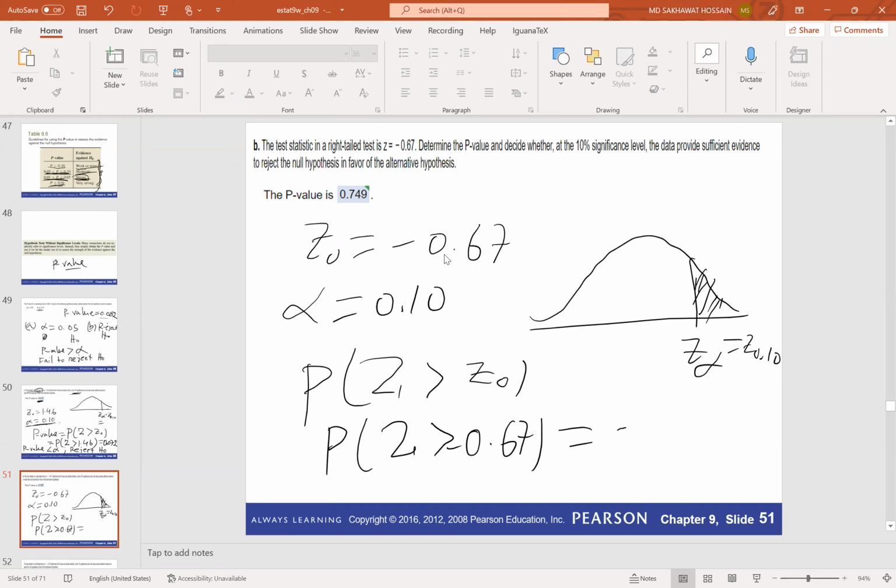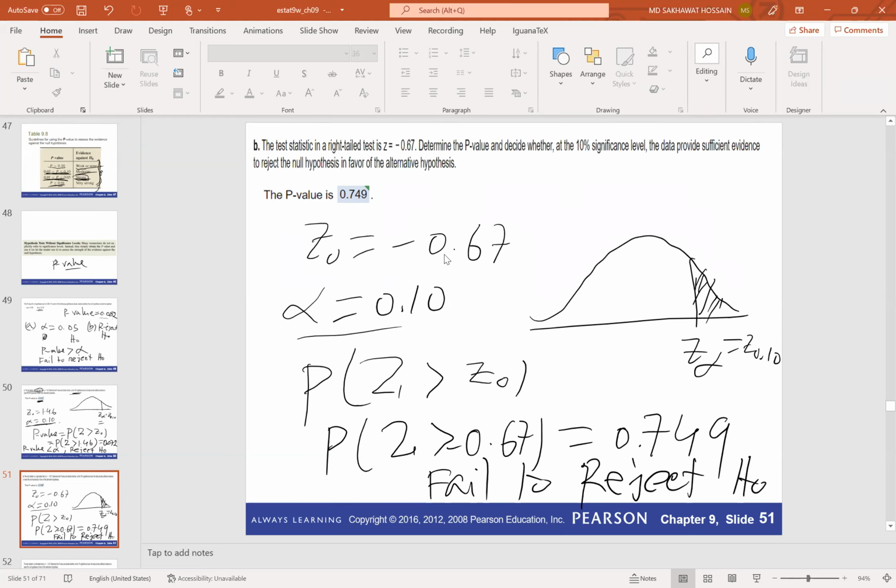From the z table, this area is 0.749. You know how to find the probability from the z table. So here the p-value is way larger than the alpha value. That means we fail to reject the null hypothesis in this case.